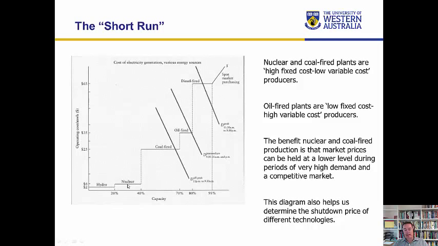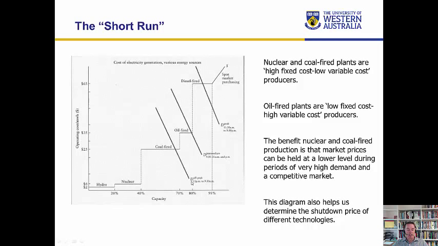And by looking at this particular supply curve, you really can see that it helps the market determine the market price and how much is going to be produced. So for example, the demand curve furthest to the left is D off peak.